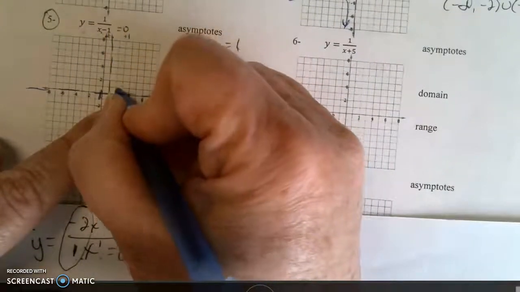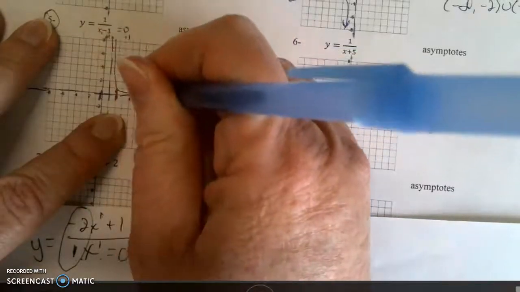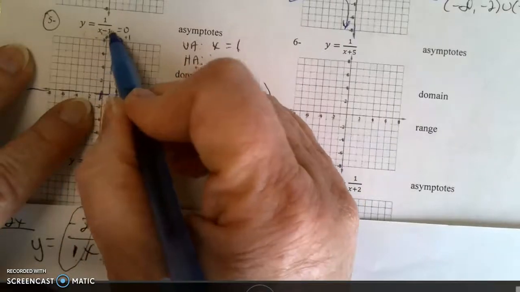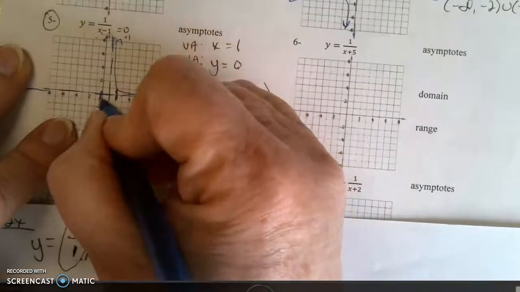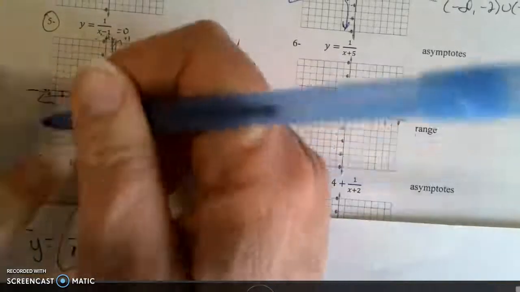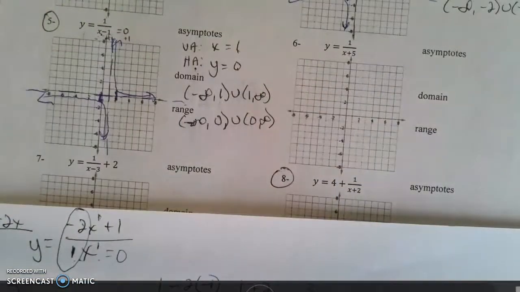So at 2, it's up here, so it's in this quadrant. And at 0, minus 1 is -1, so that's down in this quadrant. Really, when I'm plugging in a number, I'm just trying to find the quadrant.